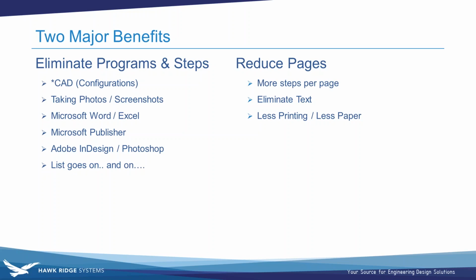So you create your 3D models and do all the engineering, and everything is golden. But what it's going to eliminate is the configurations that you have to do in that program in order to create the steps. It also eliminates taking all those photos and screenshots, and then various other applications. There's a ton of applications in there. The list goes on and on.